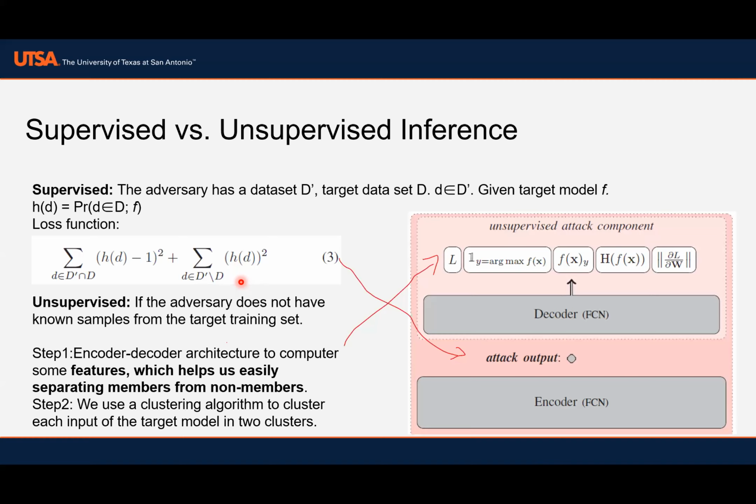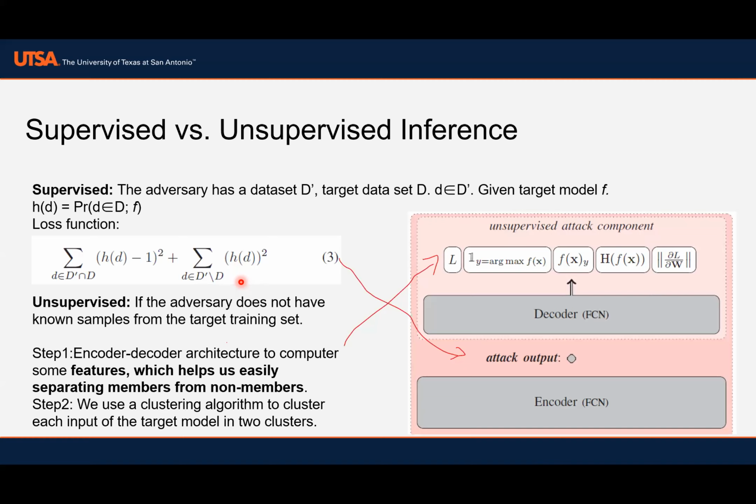Here you want to predict H(D), or this probability, if D does not belong to the data set. So I mean small d does not belong to capital D. Then you want it to be as small as possible, close to 0. Yeah, right, so that's the second term. I can understand.